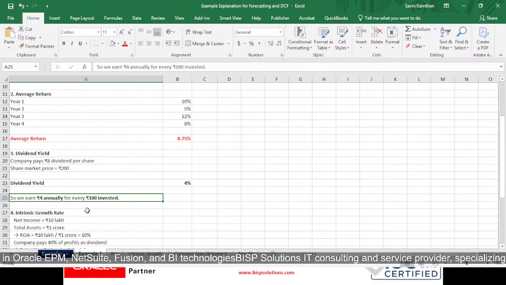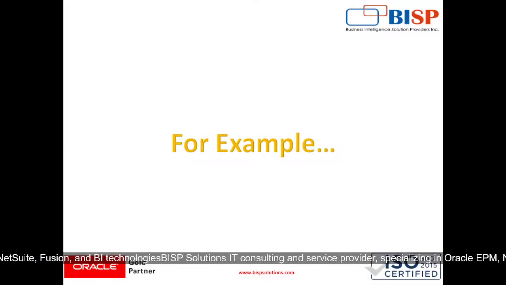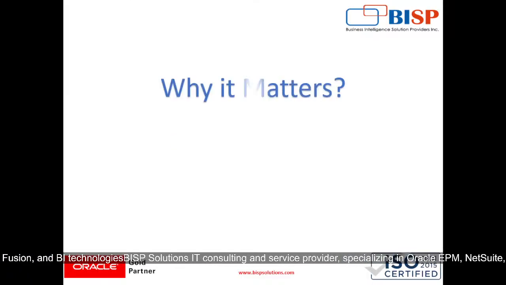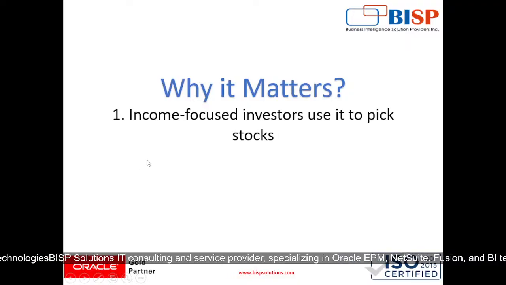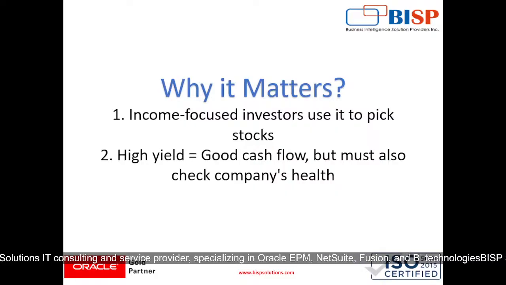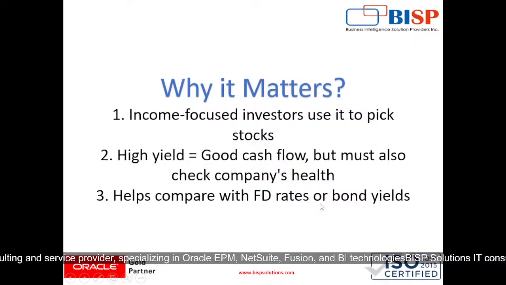So we earn 4 rupees annually for every 100 rupees invested. So why does it matter? Income focused investors use it to pick stocks, and high yield equals good cash flow, but we must also check the company's health, and it helps in comparing with FD rates or bond yields.